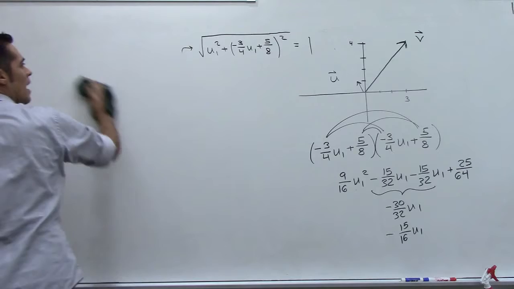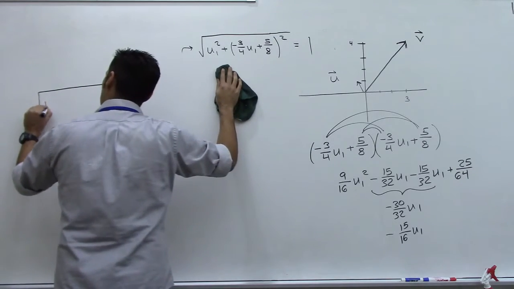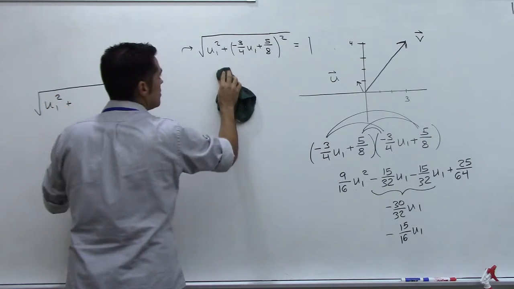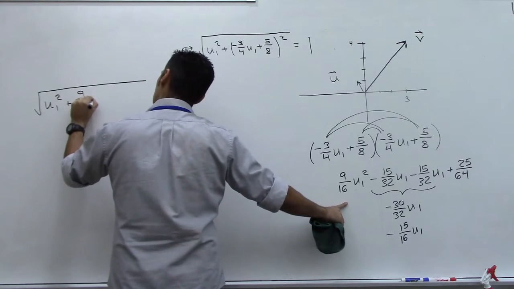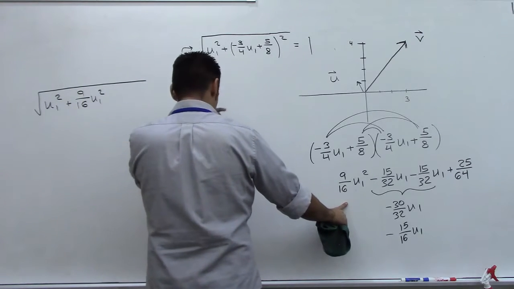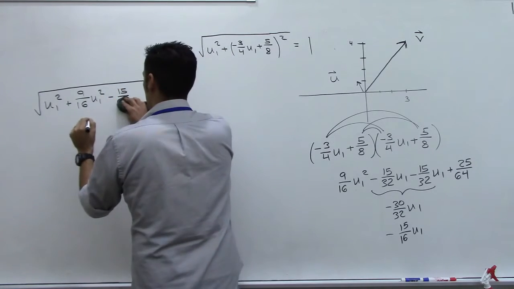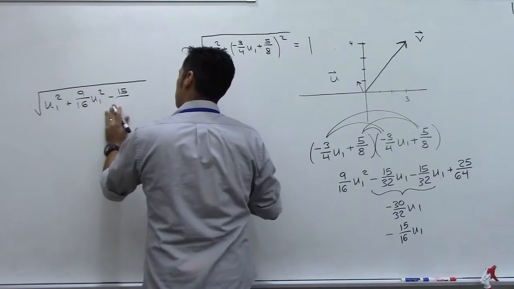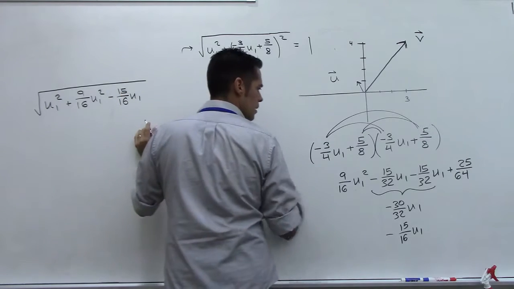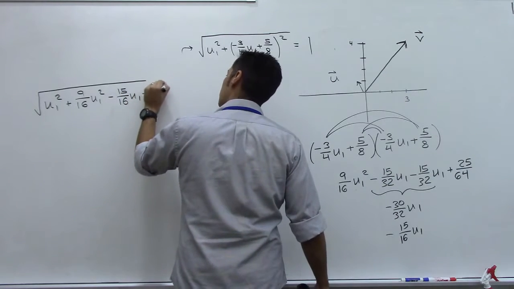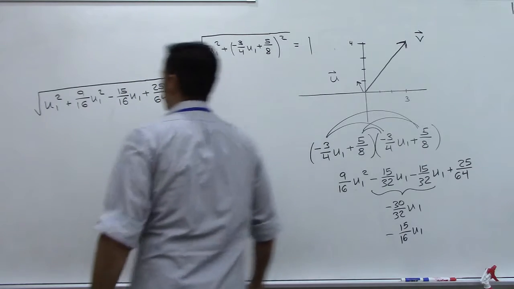We have that the square root of u1 squared plus this squared, which we just turned out to be 9/16 u1 squared minus 15/16 u1 plus 25/64 all under the root, that must equal 1.